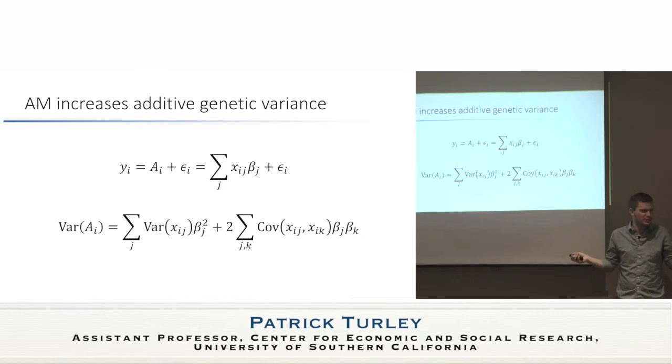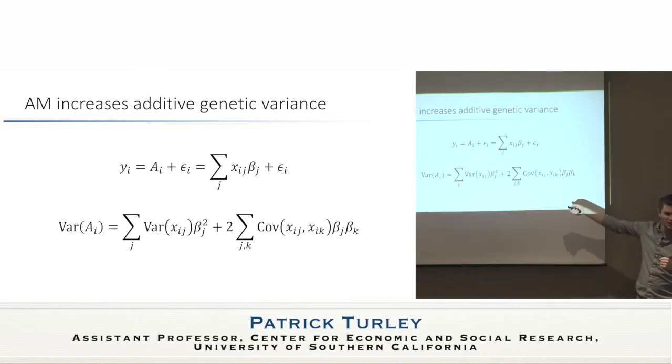And there's a lot of those, right? If you chose 2 random SNPs in the genome, almost always those two SNPs are going to be on different chromosomes. And so this thing will be quite small when there's random mating. However, if there's assortative mating, then whenever beta J and beta K are positive, this covariance will also be positive no matter where it is in the genome.